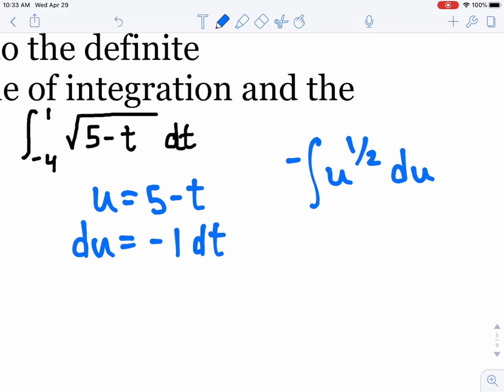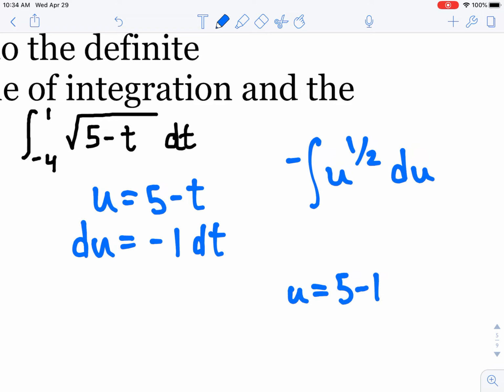Instead of doing our antiderivative of this and then substituting back in, we can now find out what our u values would equal. For instance, my upper limit is 1.